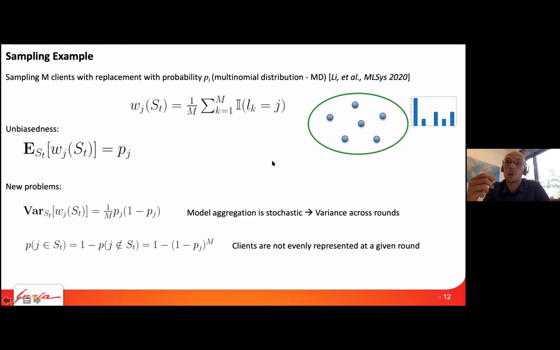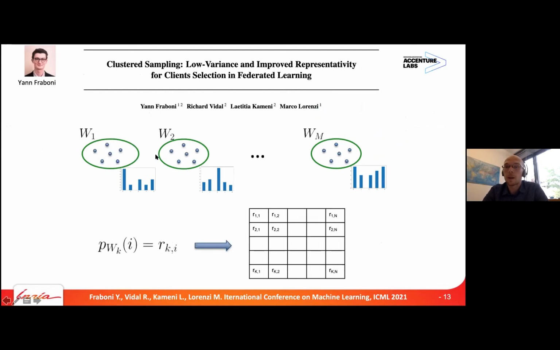But actually, we first select them and then we ask them to do the work, so that we don't keep all the clients busy all the time. So either we sample M of them according to the multinomial distribution and we say, okay, now you do the work and send me back the parameters so that I do the aggregation. Or, what we are proposing here, we pick M of them, but we pick them according to these different distributions.